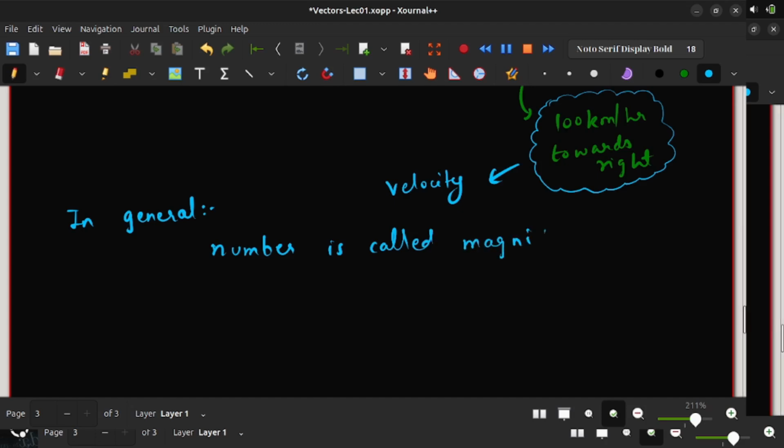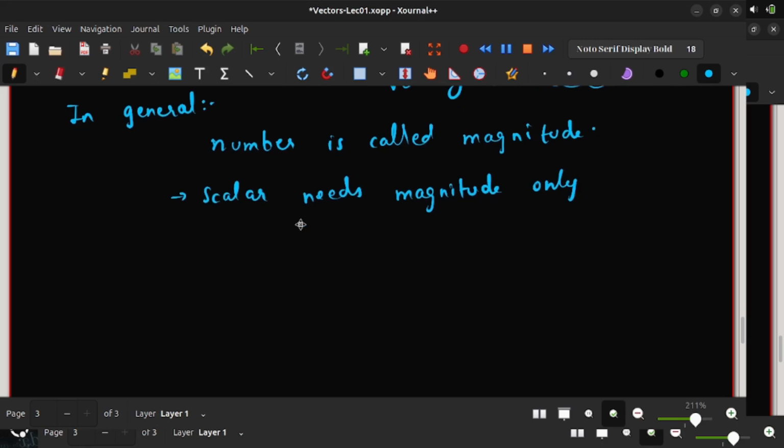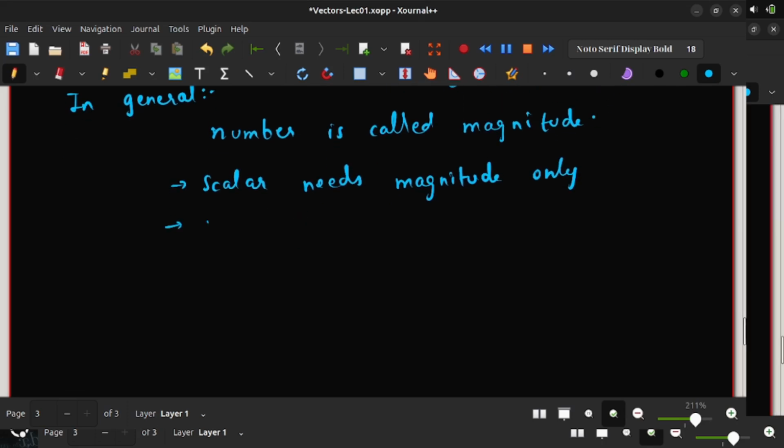And then you go towards the textbook definition. The textbook definition is that a scalar needs magnitude only for complete description. And what about the vector?